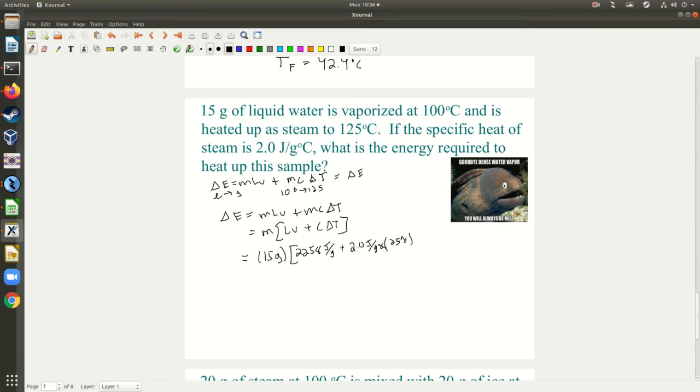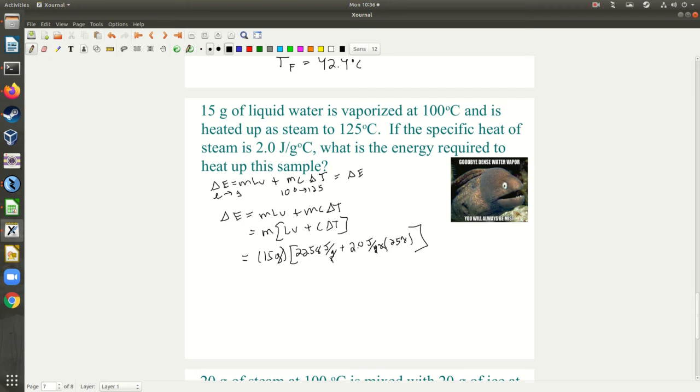Celsius cancels. Joules per gram degrees Celsius, joules does not cancel. That was silly of me. But the grams do cancel over here, by the way.